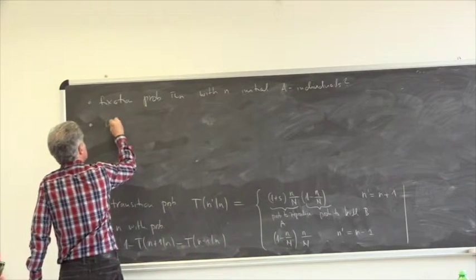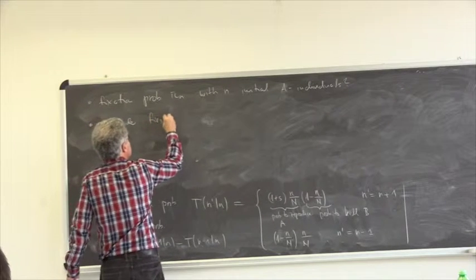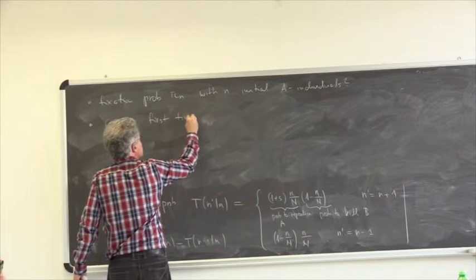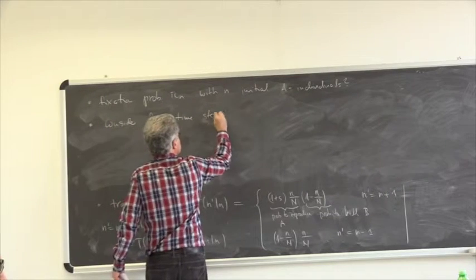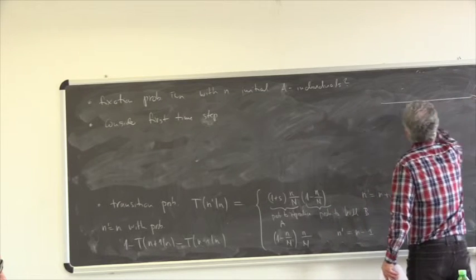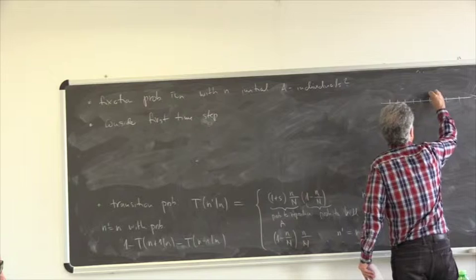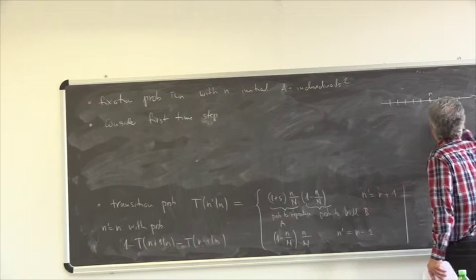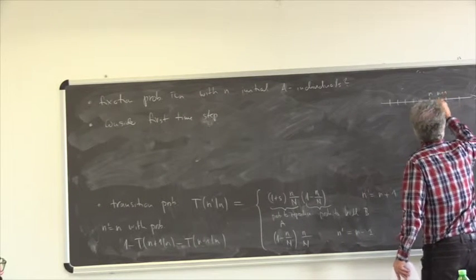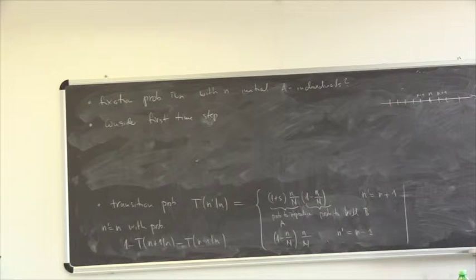So we will consider the first time step. Okay, so maybe let me draw this picture here again. So we start here, and in the first time step, we either go to n plus 1 or we go to n minus 1. Right? This is all that can happen.